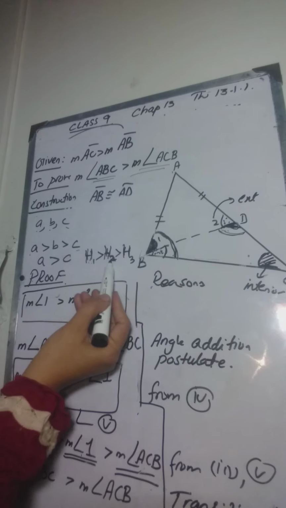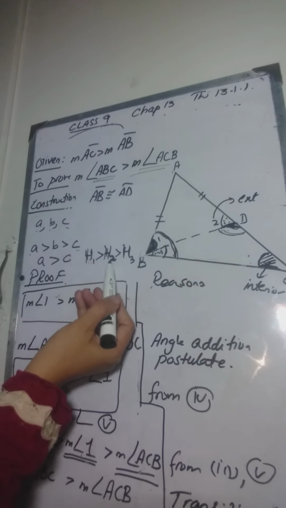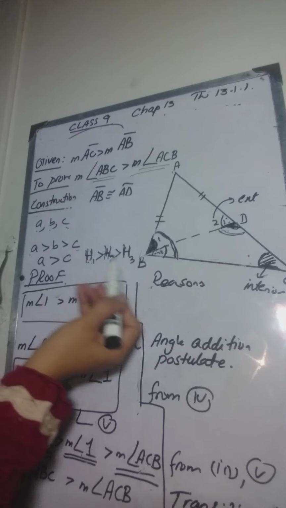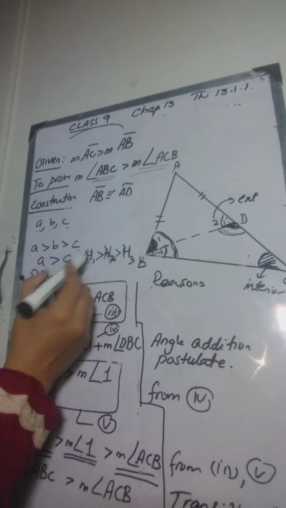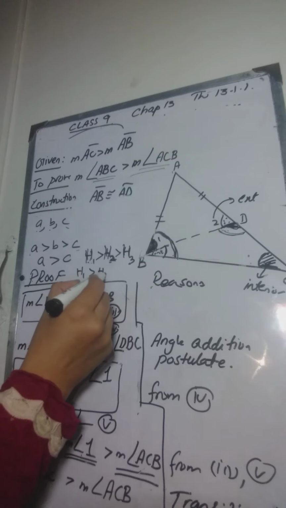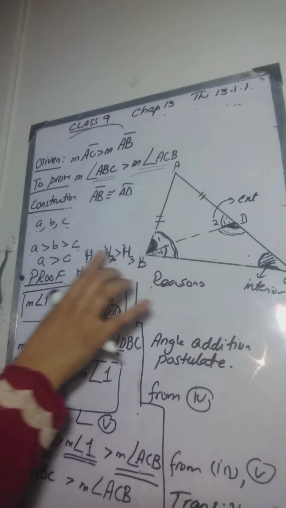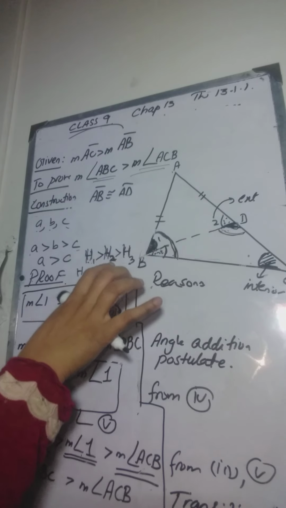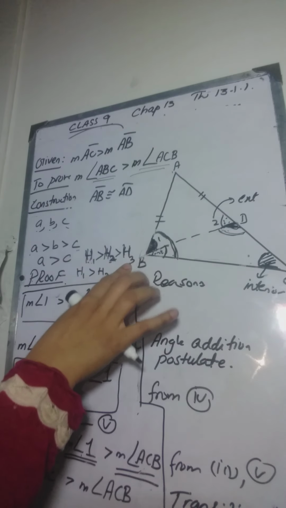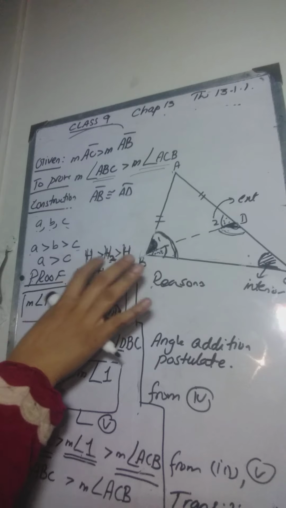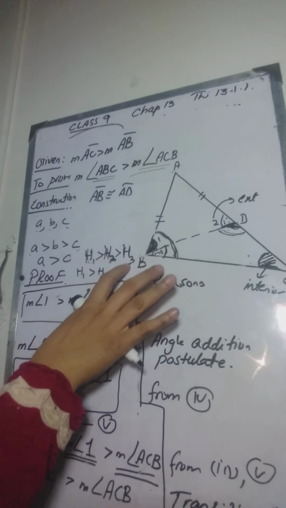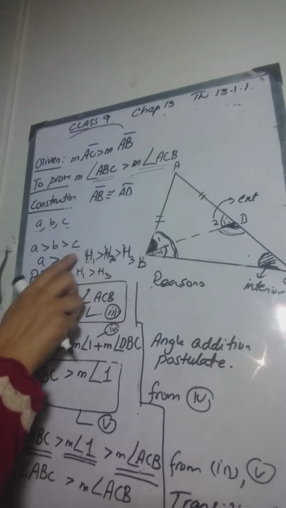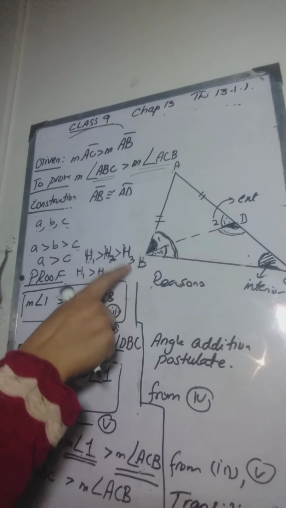Then obviously the first will be taller than the third, so H1 will be greater than H3. If the first student is taller than the second and the second is taller than the third, then obviously the first will be taller than the third also.